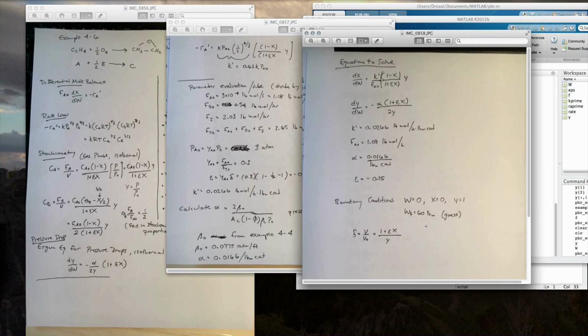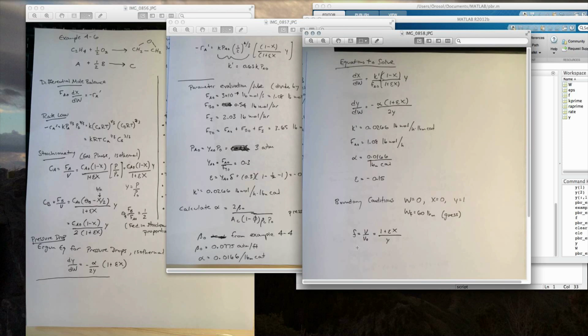Say we put in 30 pounds and the conversion ends up being too low, like, I don't know what it would actually be, but say it ends up being 40. Then we know that the weight we put in was too low, so we just try a higher weight and solve the problem again. And you can keep incrementally increasing your weight until you reach the conversion that you're expecting.